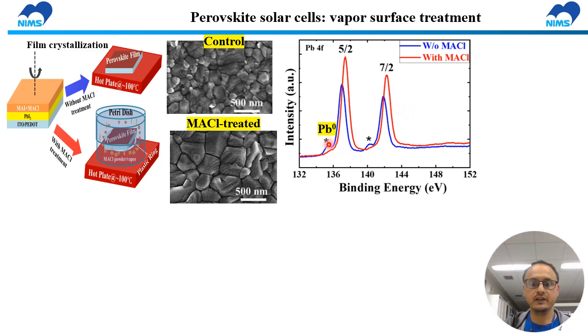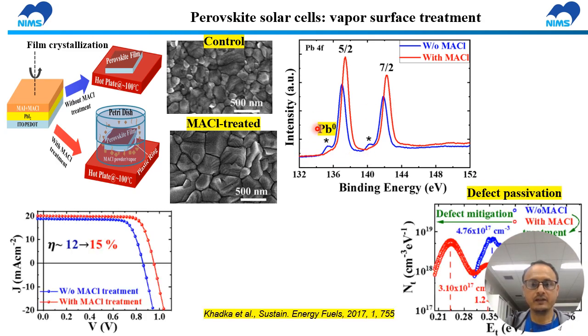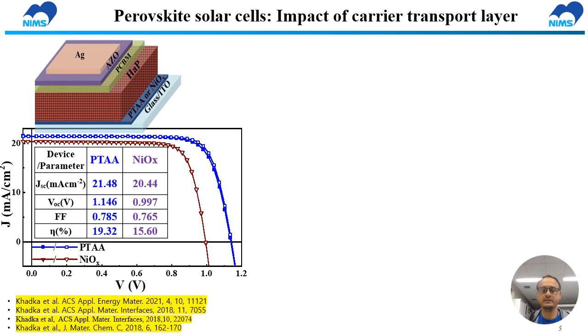It cleans the metallic lead, and by this we improved the device performance from 12 to 15%, which is due to quenching of defects in the film. Here we used PEDOT:PSS as the STL, so the efficiency is quite low. We tried to improve this efficiency by STL engineering.